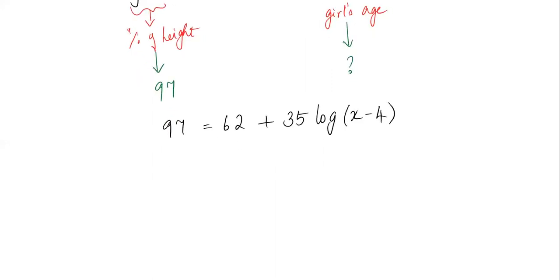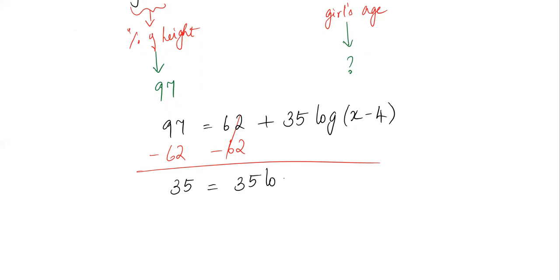Now we can't touch the log yet, so go ahead and clean the other terms. Okay, that will be 35 equals 35 log x minus 4. One more step where you divide by 35 on both sides.